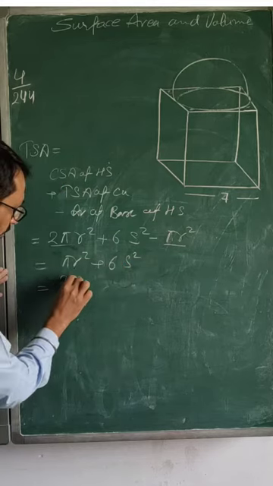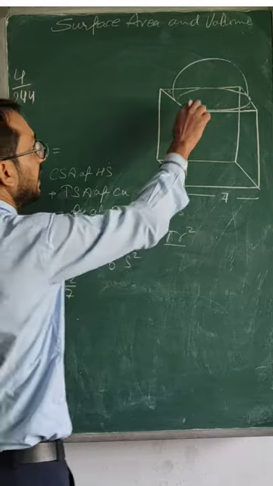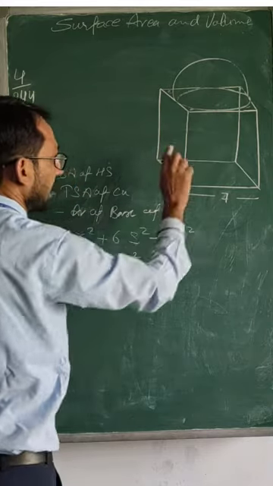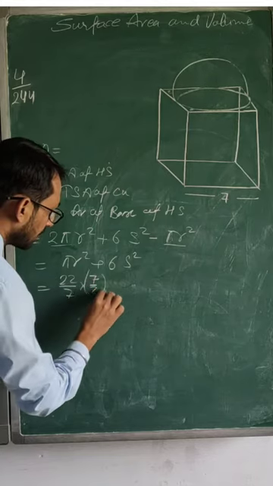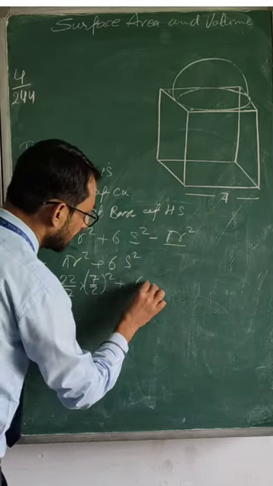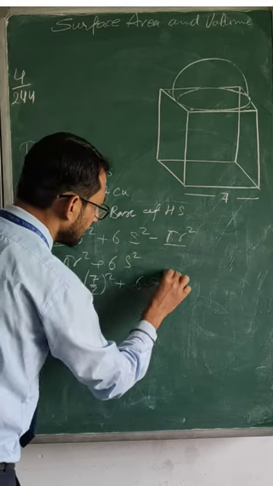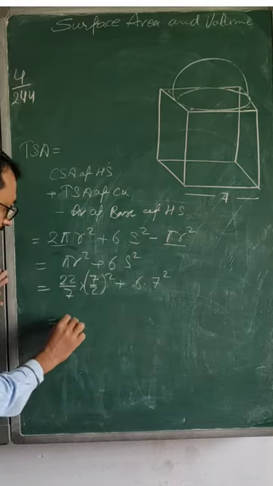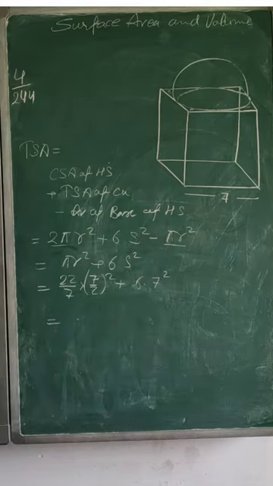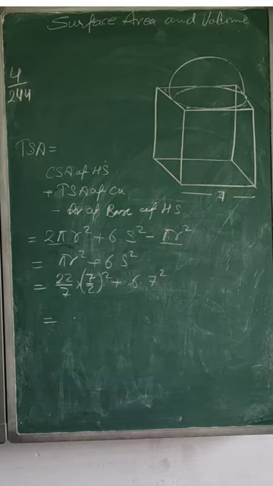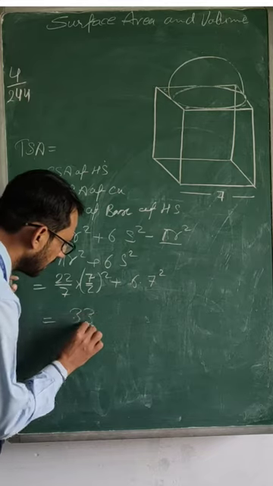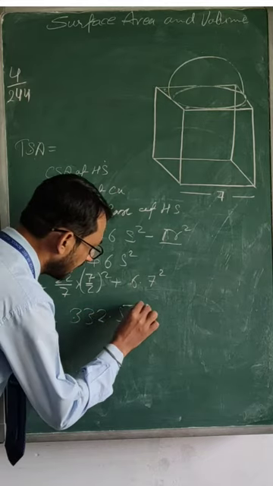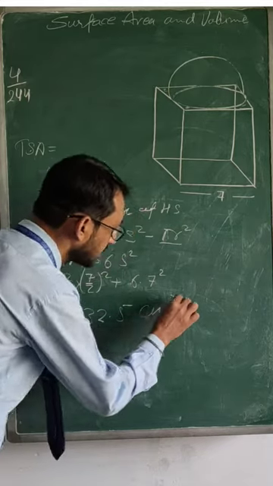Pi is 22 by 7 into radius of hemisphere. Diameter is 7, so radius will be 7 by 2, whole square, plus 6 into side square. Side is 7, square. So this is giving us the total surface area. It is coming 332.5 centimeter square.